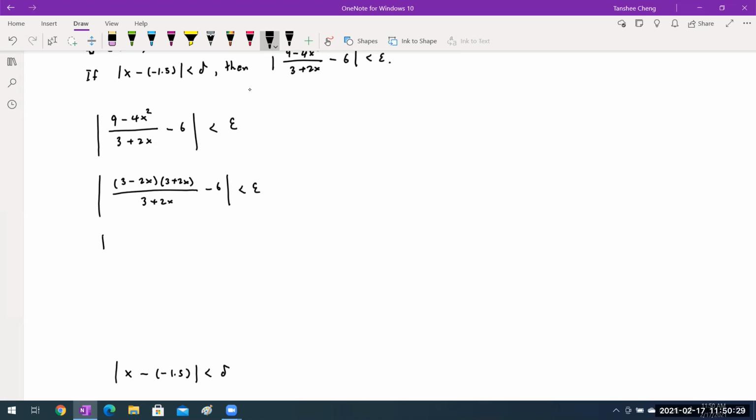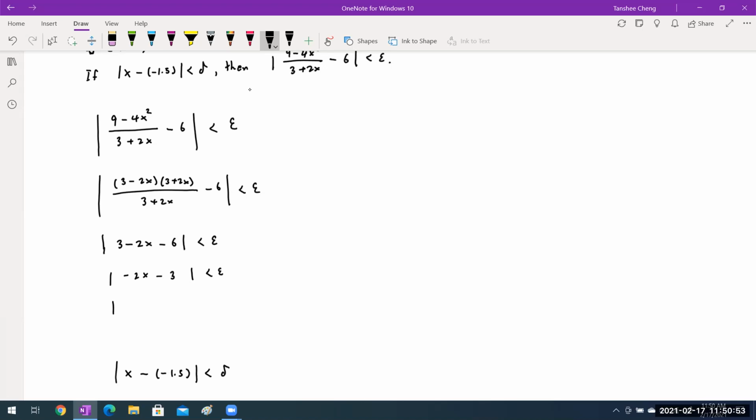So continue simplifying this part. I have 3 minus 2x minus 6 less than epsilon. So therefore, I get negative 2x minus 3 is less than epsilon.